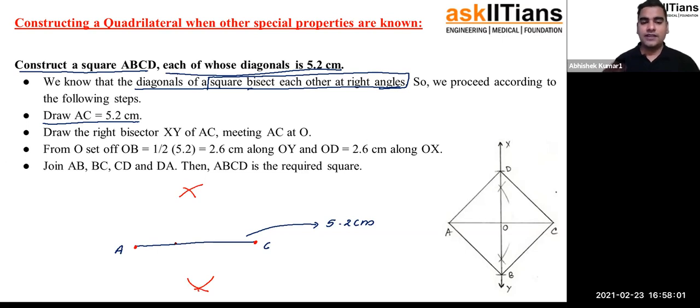What you will observe is that these two arcs, one above AC and one below AC, are going to intersect each other. When you join their points of intersection, you will easily get the perpendicular bisector.